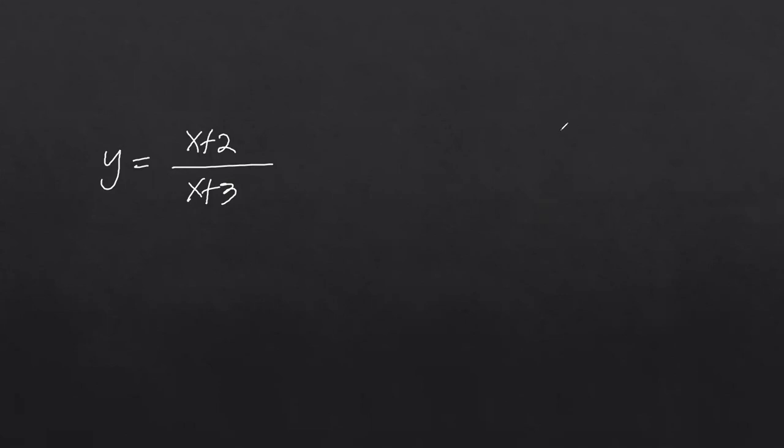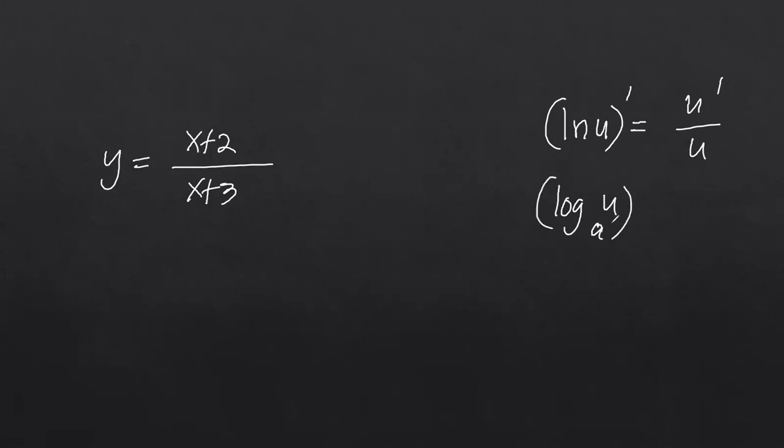If you are going to find the derivative of natural logarithm, for example ln of u, this is just equal to u prime over u. And if you are going to find the derivative of the logarithm of u base a, this is just u prime over u ln of a.